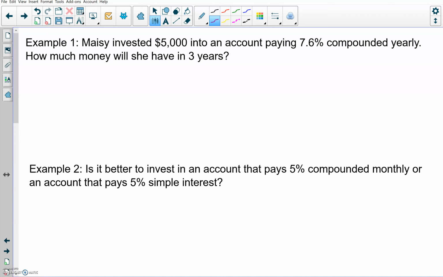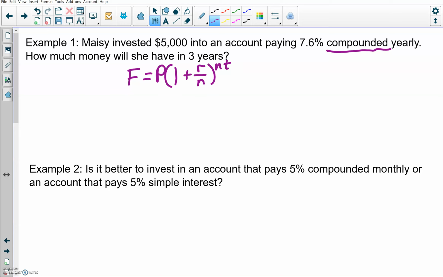So the first thing that I see here, as soon as you see compounded yearly, compounded some amount of time, you're going to be using the compound interest formula. So F will equal, just go ahead and write it down, get it down here so you know what you're working with. So as soon as you see that compounded, and then maybe monthly, yearly, whatever, write down that formula.